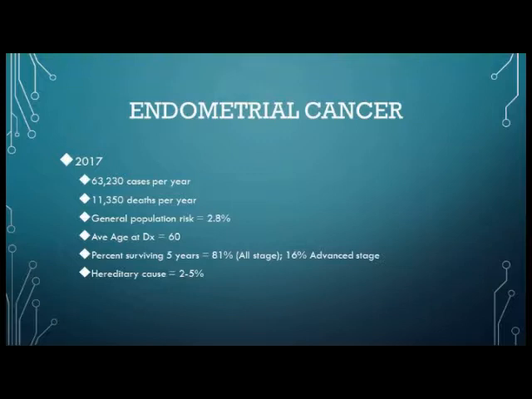However, if they are advanced stage, it's only 16%. Hereditary cause is found in about 2 to 5%, so not as much as ovarian, but still pretty significant. With the mutations in endometrial cancer, BRCA and Lynch account for the majority of these hereditary causes, whereas in ovarian, it's a wider spectrum.